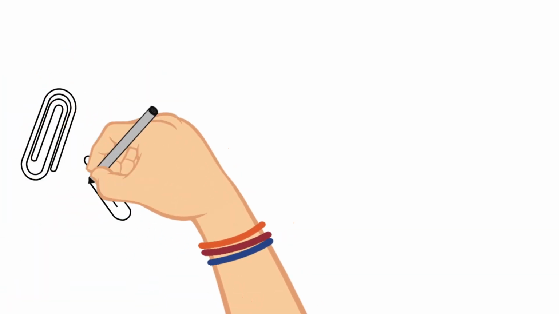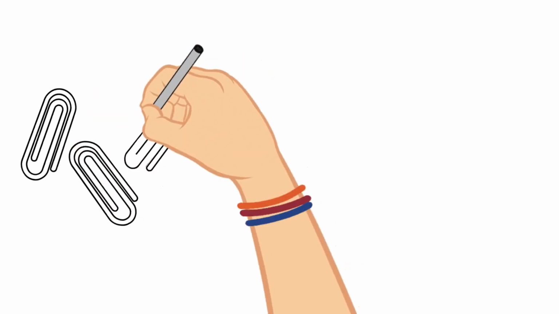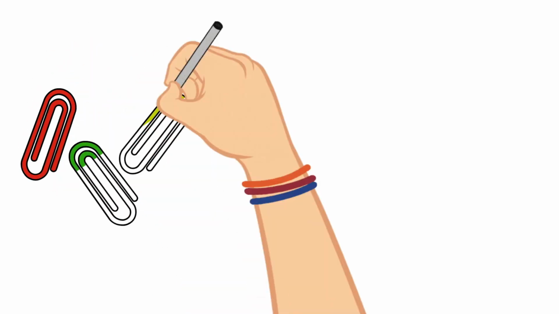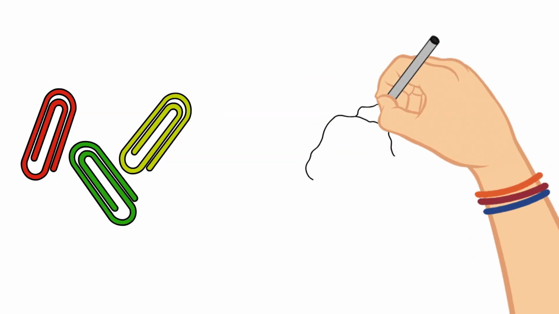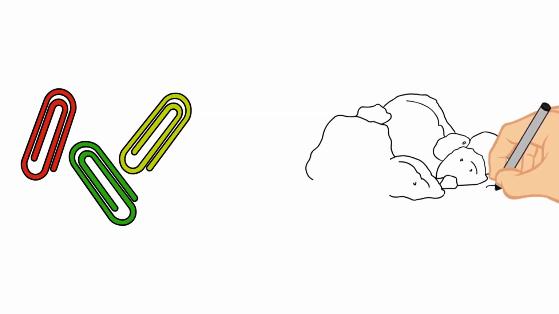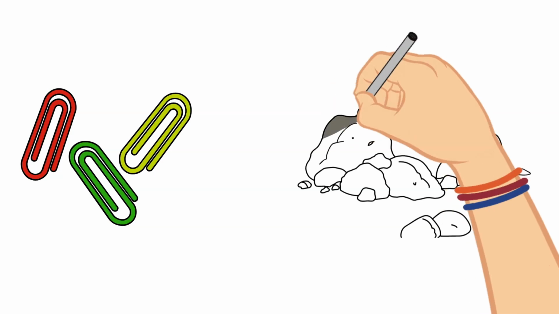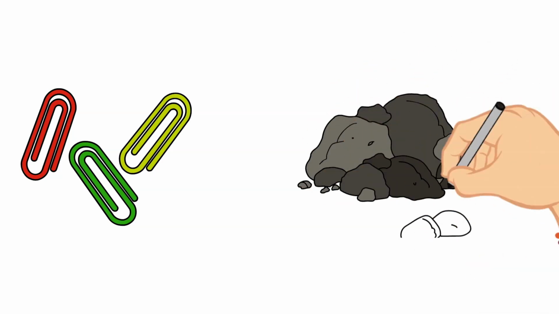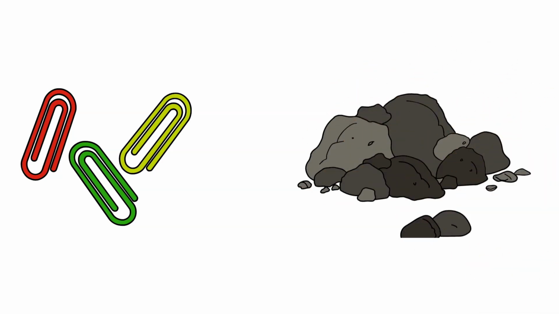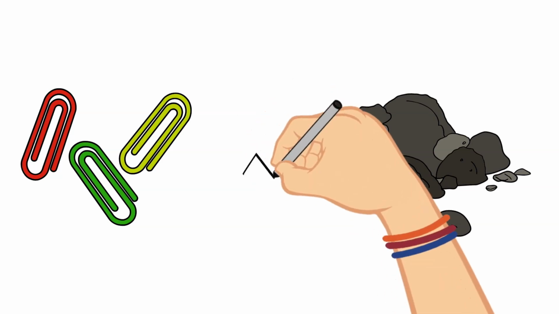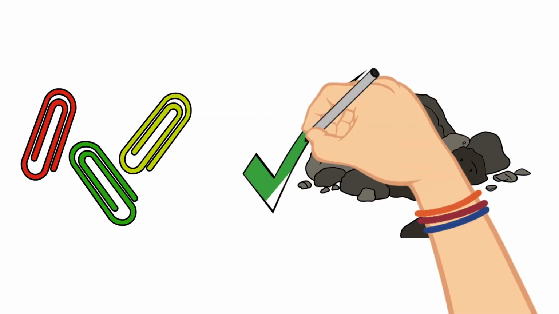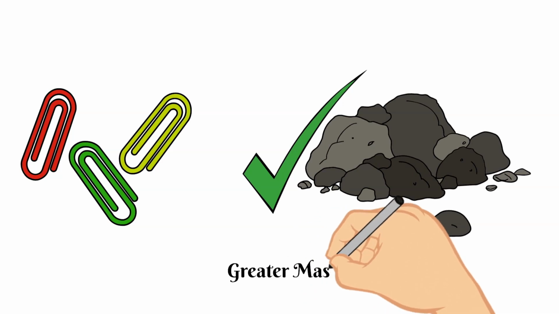Okay, let's do another one. What would need a force with a greater magnitude to accelerate? A paperclip or a giant boulder? That's right, a giant boulder, because it has a greater mass.